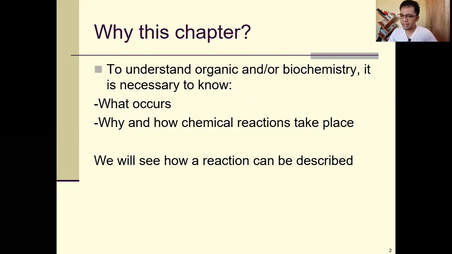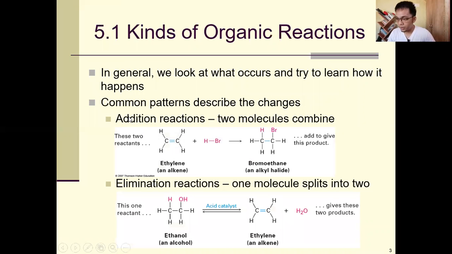To understand why, what, and how chemical reactions take place in biochemical processes and organic reactions. Okay, so there are four types of organic reactions. In your general chemistry, there are also four types: synthesis or combination reaction, decomposition reaction, single displacement reaction, and double displacement reaction.